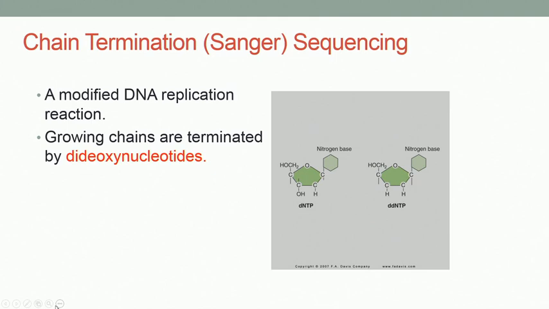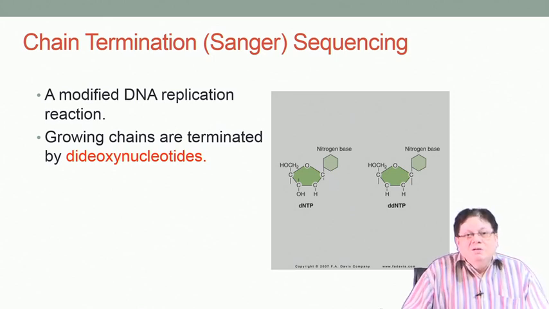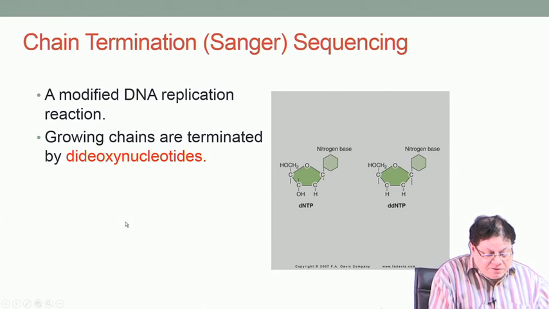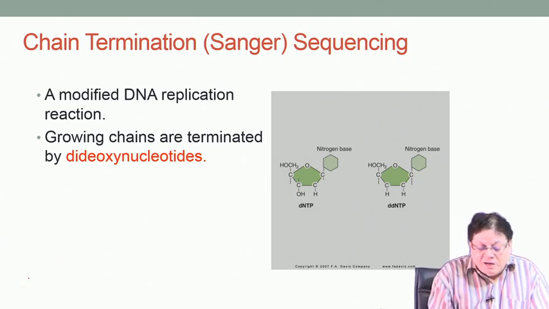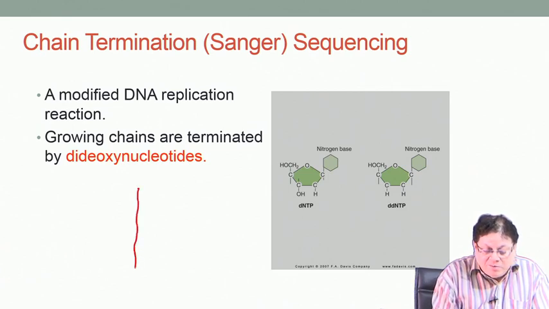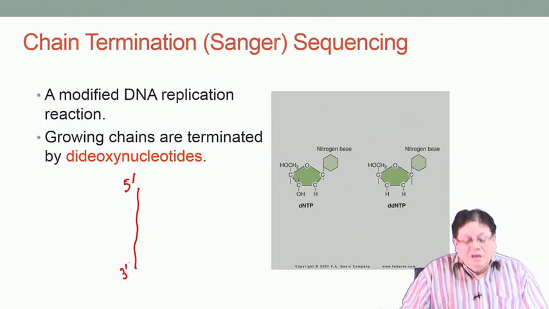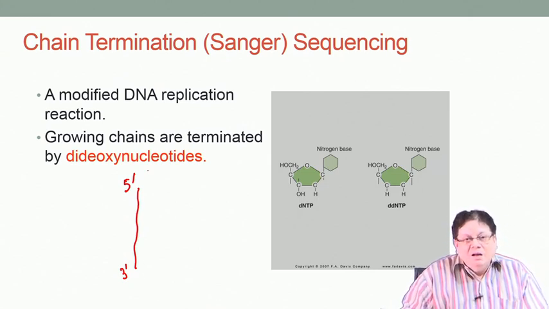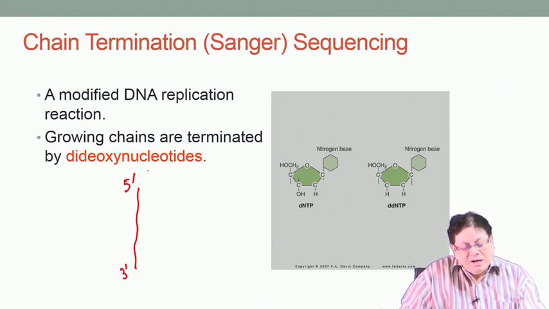Now, what is the principle behind Sanger's method? There is an enzyme called DNA polymerase, whose job is to make the DNA polymer. If you have a single strand of DNA, 5 prime to 3 prime, then the DNA polymerase can make the complementary strand of this primary DNA strand.